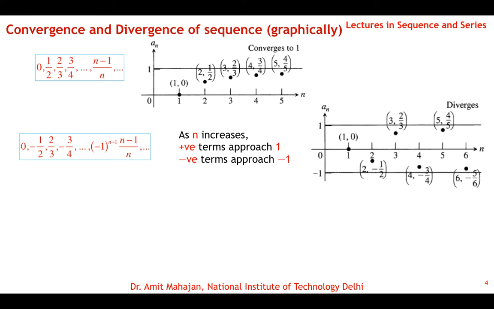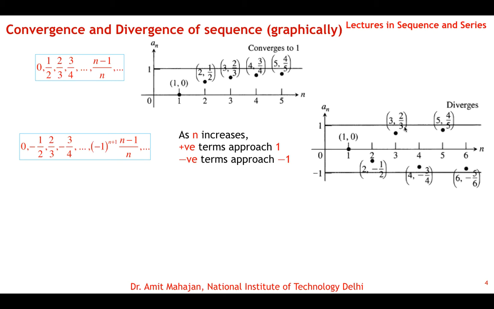If you see, this is the first element, 1 comma 0. When n is 2, the value is minus half, then with n 3 it goes to 3 comma 2 by 3, then 4 comma minus 3 by 4, 5 comma 4 by 5, 6 comma minus 5 by 6, then the 7th will be plus 6 by 7, then the 8th will be minus 7 by 8.